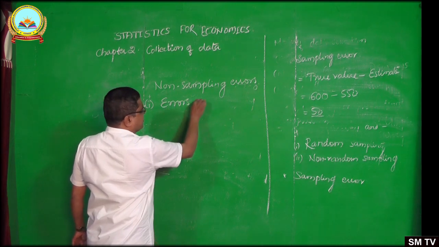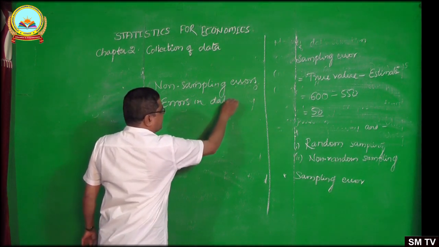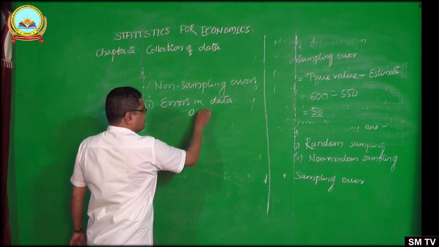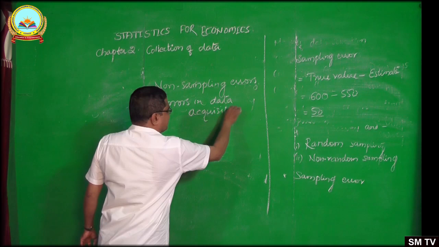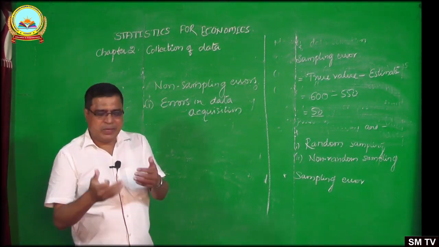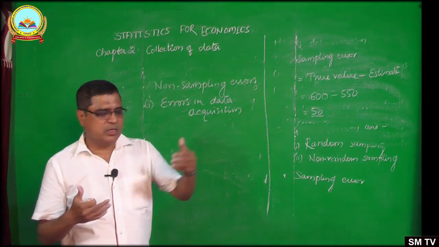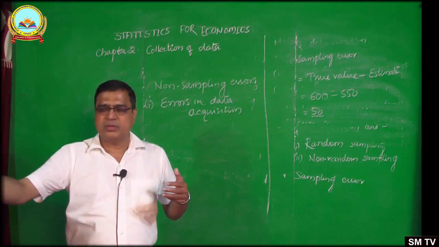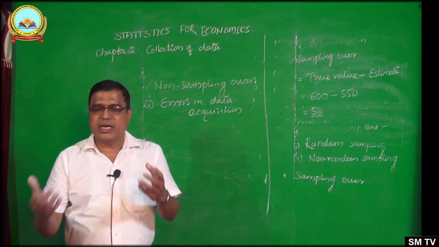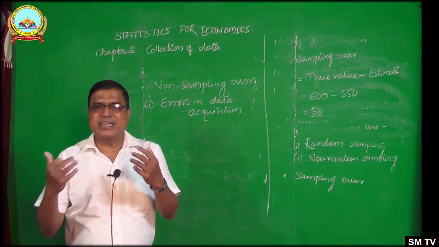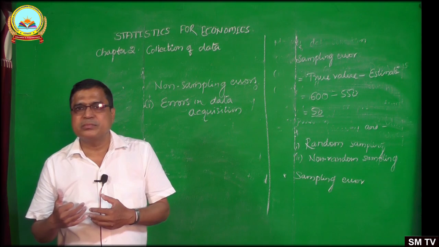While collecting the information, the enumerator goes to the respondents to collect the information. Now the acquisition or gathering of the data has been done.